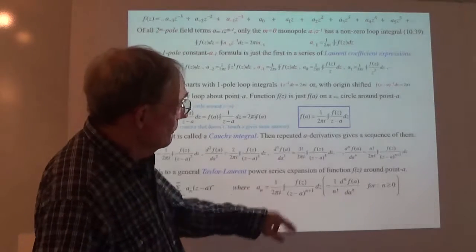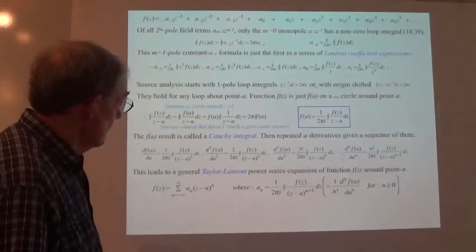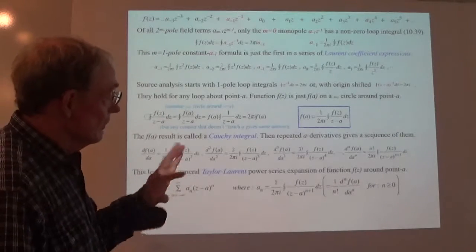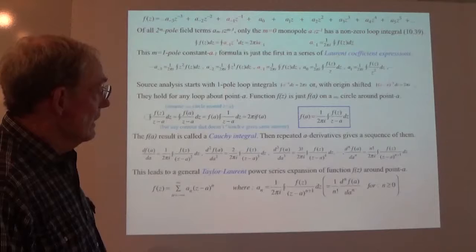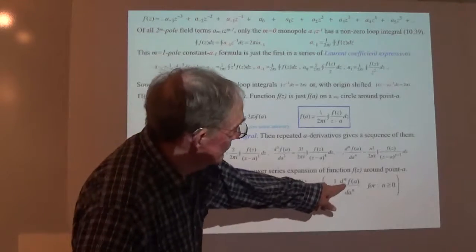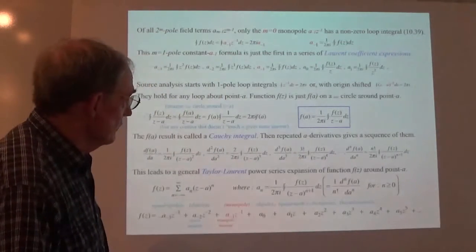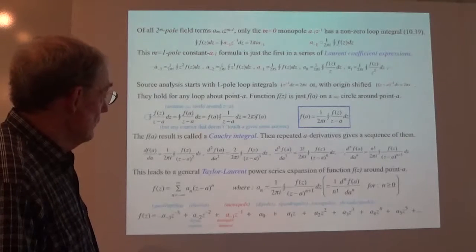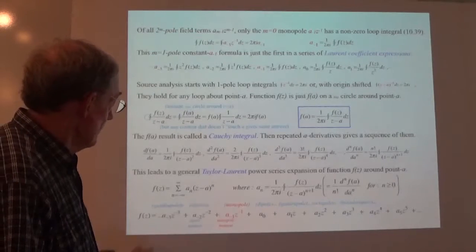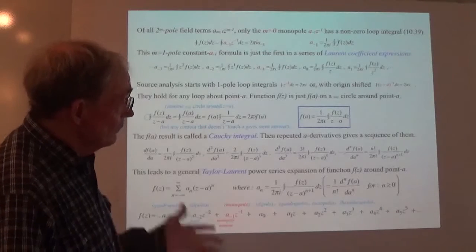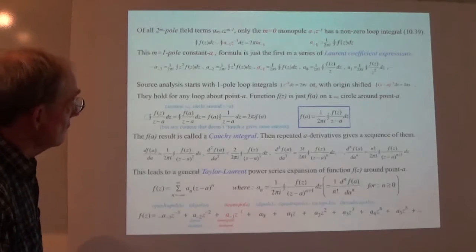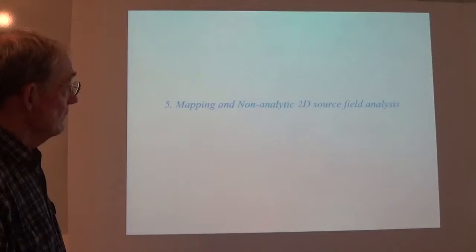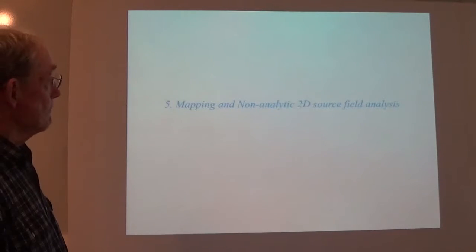So this is how you would take a pathological function that has singularities in various places. And just by being able to write the function that way is kind of neat. Anyway, that's the basic idea of this complex variables using functions that are analytic. It means only function of z.